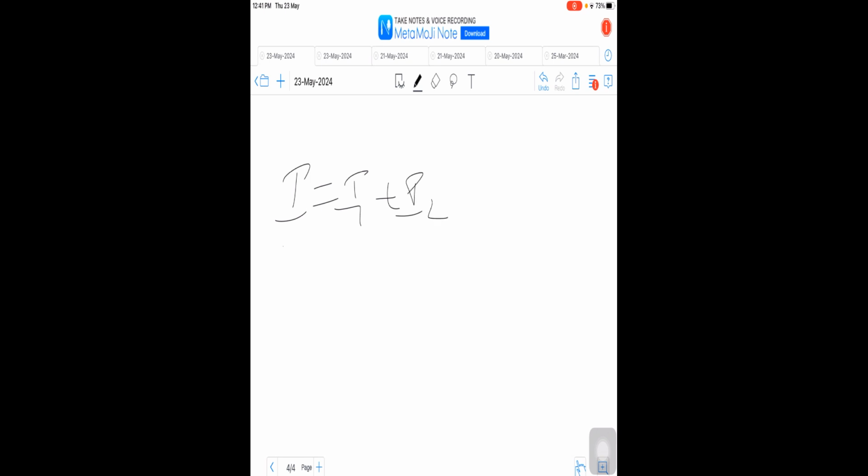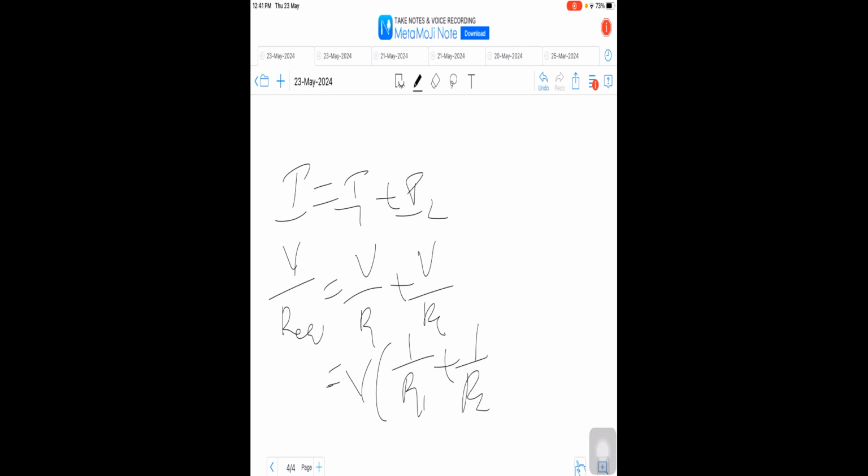So if we substitute for the currents, I is equal to V divided by R1 plus V divided by R2. Now taking V common, 1 divided by R1 plus 1 divided by R2. So we can say 1 divided by R equivalent is equal to 1 divided by R1 plus 1 divided by R2 in your parallel circuit.